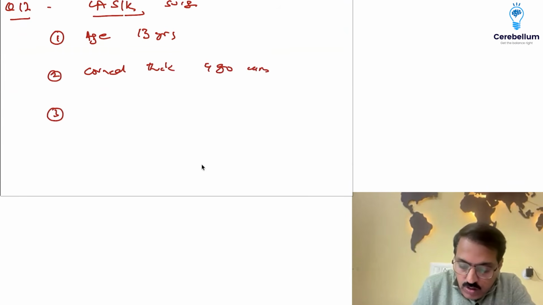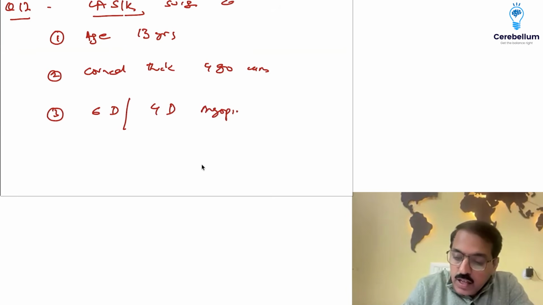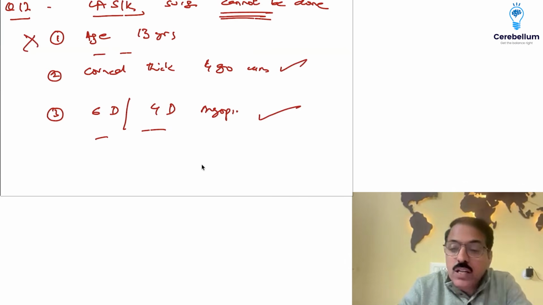One choice was 6 diopter या फिर शायद 4 diopter myopia. Cannot be done. LASIK surgery cannot be done. ठीक है. और corneal thickness 480 micron. So you can do here. You cannot do in age less than 13 years.